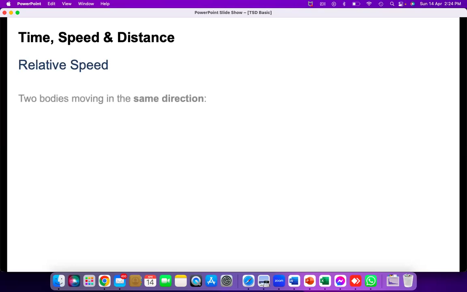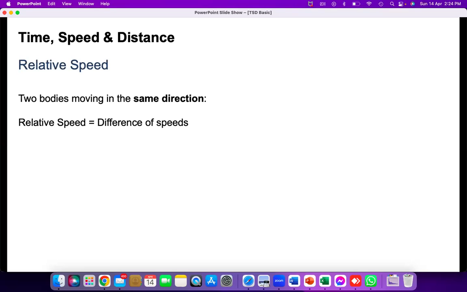Two bodies moving in same direction, then relative speed is equal to difference of speeds. If speed of one body is 5 km per hour, speed of another body is 3 km per hour, then relative speed is 5 minus 3 because they are moving in same direction, right?